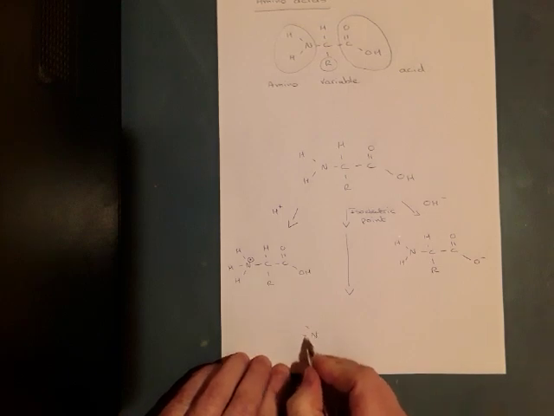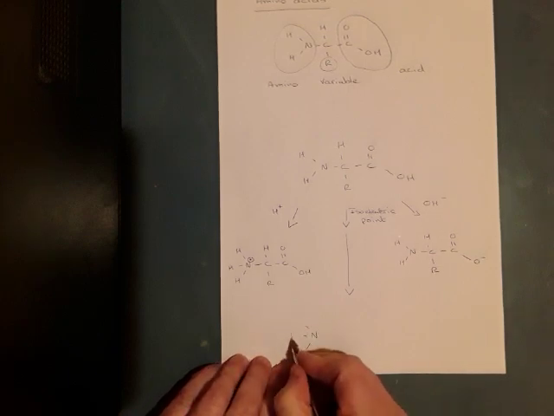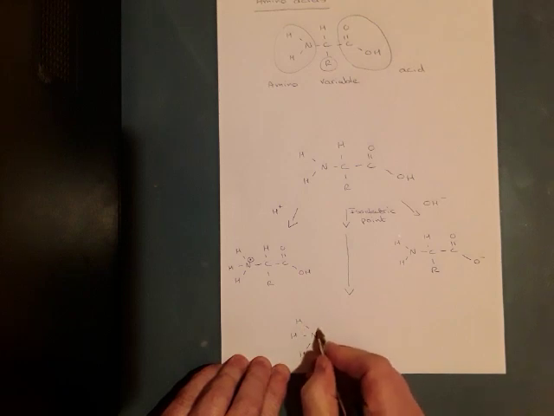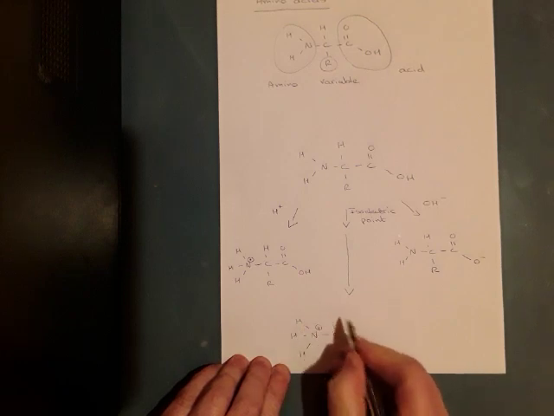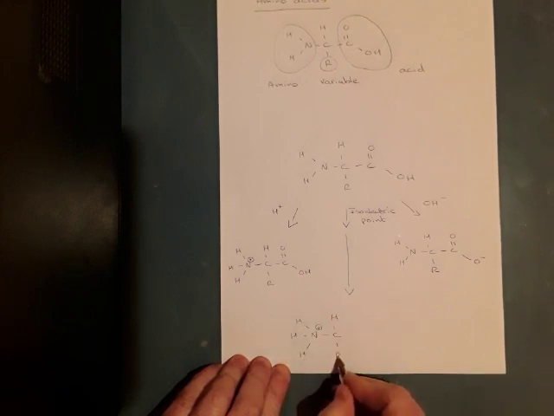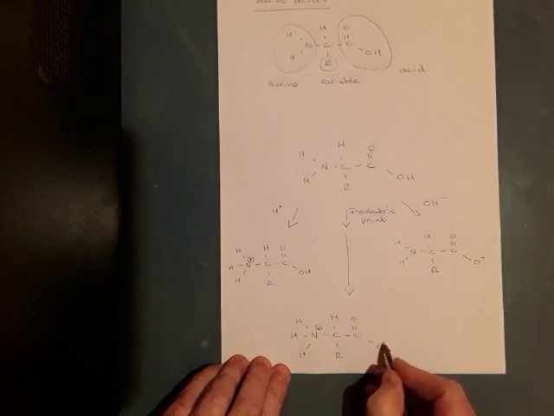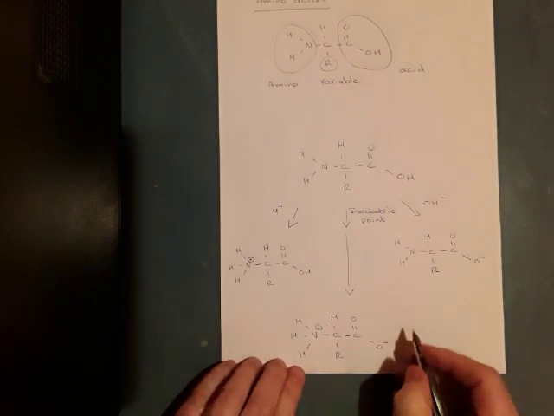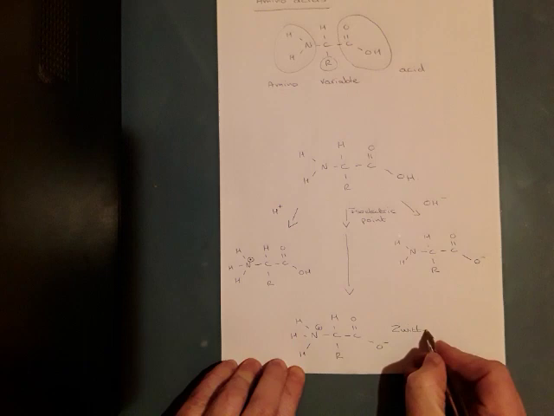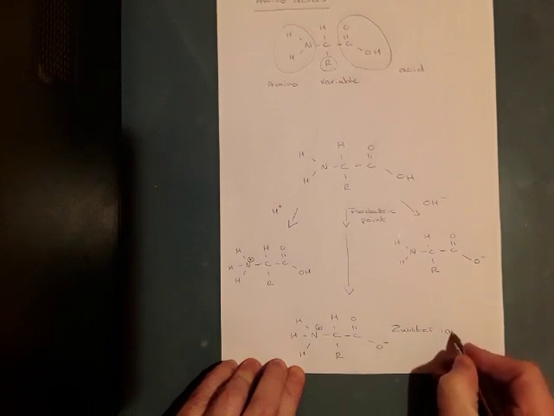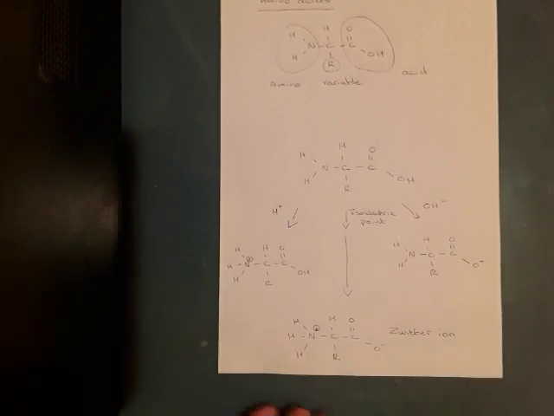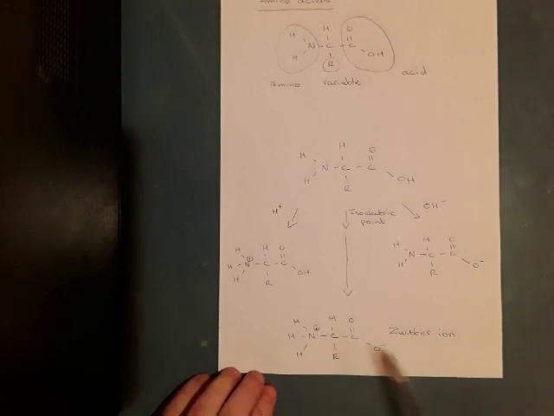They exist like this. And this is called a Zwitterion. It is neutral because we have one positive charge and one negative charge.